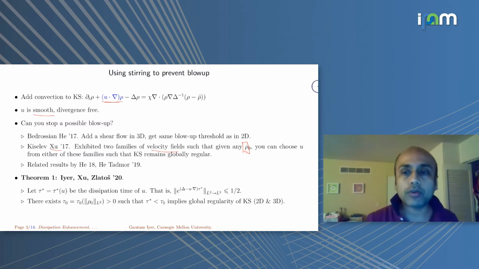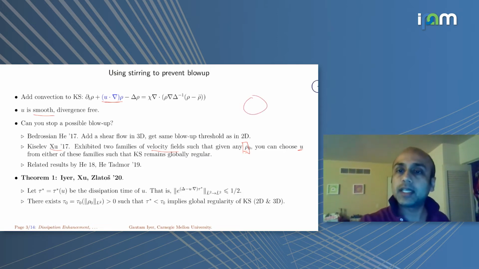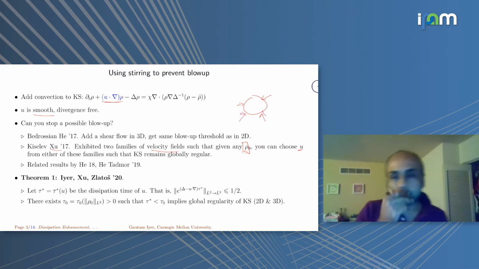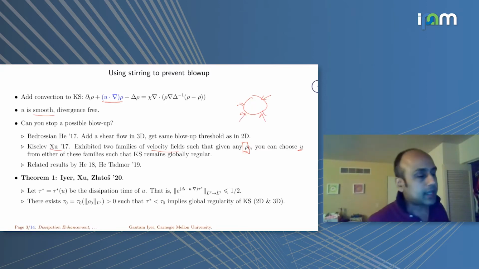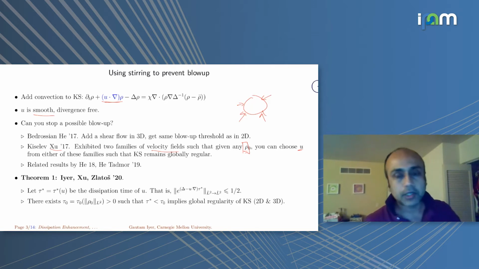So no matter what rho naught is, you can choose a velocity field u from either of these two families, such that if you stir along this velocity field, you stop the blow-up, right? So you avoid these population explosions in little points, yeah? So these two velocity fields, one was these relaxation enhancing velocity fields, which I'll talk about in a bit.